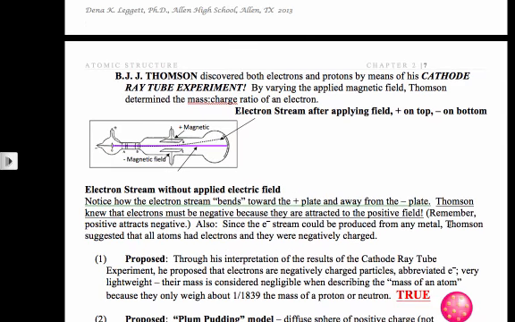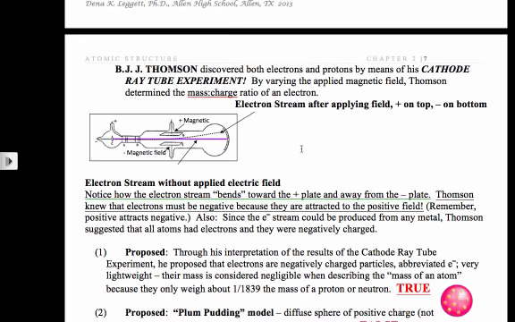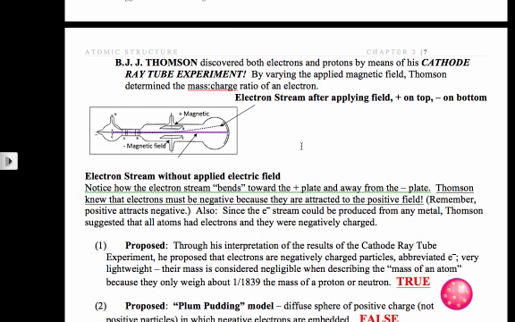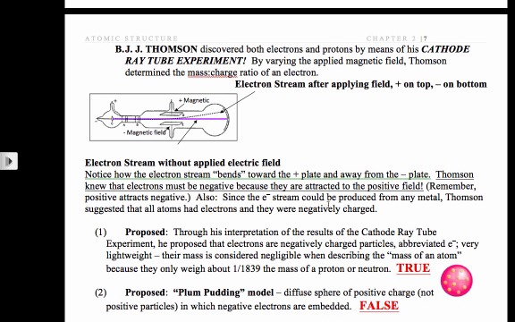The next one I want to focus in on is Thomson. Thomson did this cathode ray experiment. You saw this in pre-AP chemistry. He discovered really that there is a negatively charged particle within atoms. And since you can produce electrons, that's a way we're not going to get into, but you can produce an electron stream.